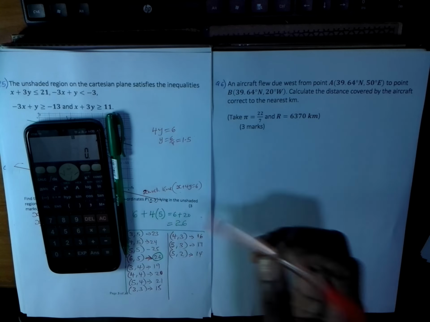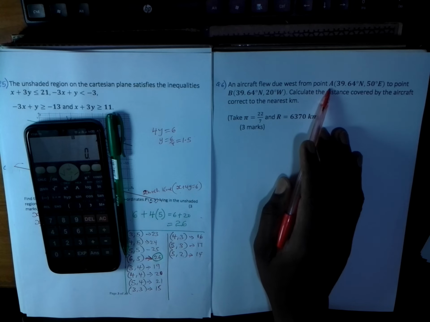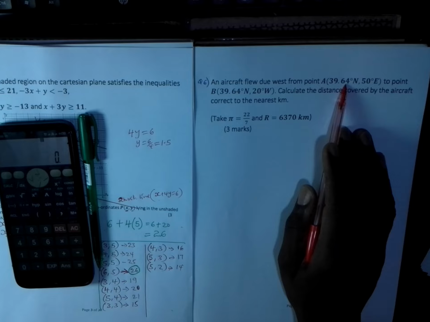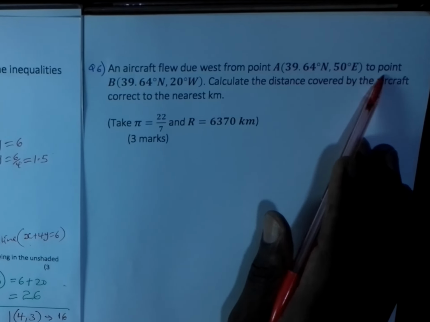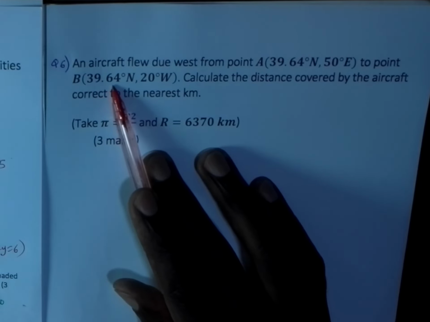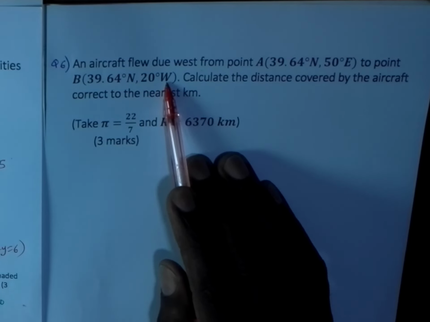Question 6. An aircraft flew due west from point A, which is 39.64 degrees north, 50 degrees east, to a point B, that is 39.64 degrees north, 20 degrees west.